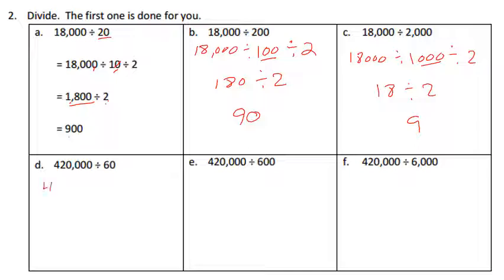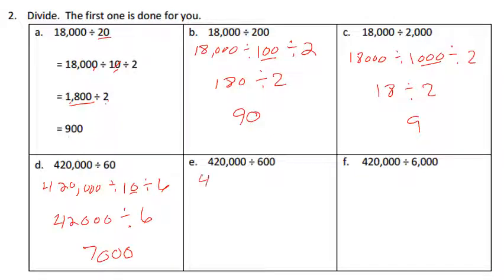Our next one, we have 420,000 divided by 60, so we're going to go 10 divided by 6, and we're going to lose 1 place value, so you're going to end up with 42,000 divided by 6. 42 divided by 6 is 7, so 42,000 divided by 6 will end up being 7,000.